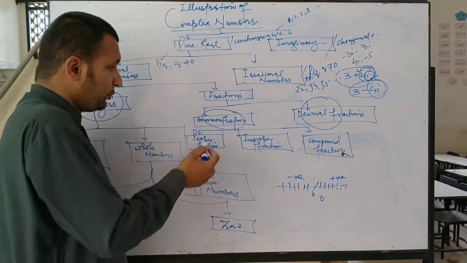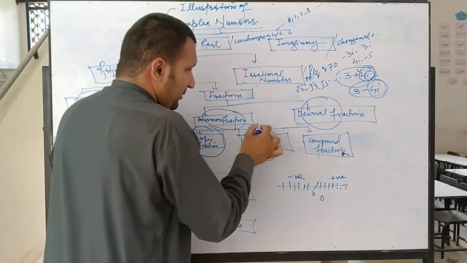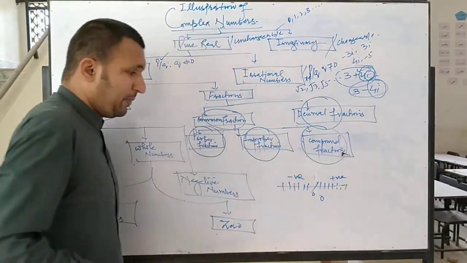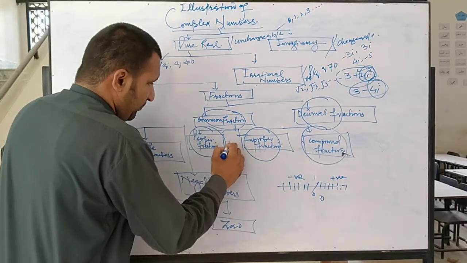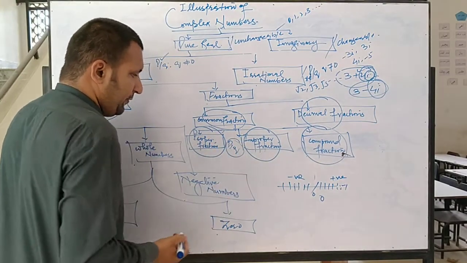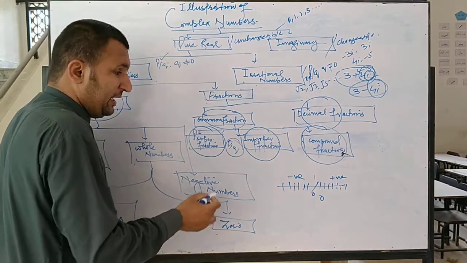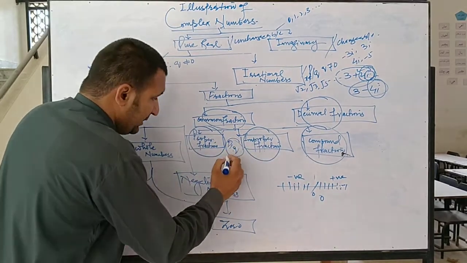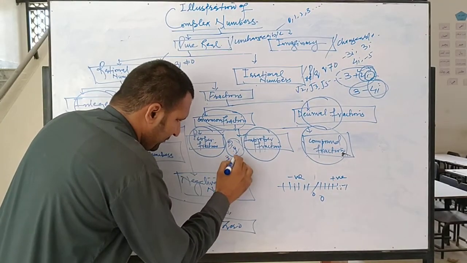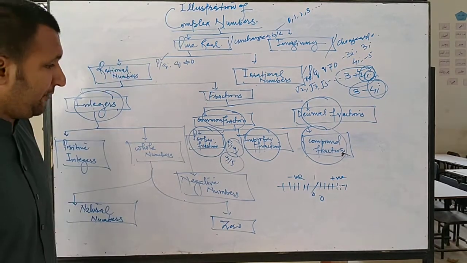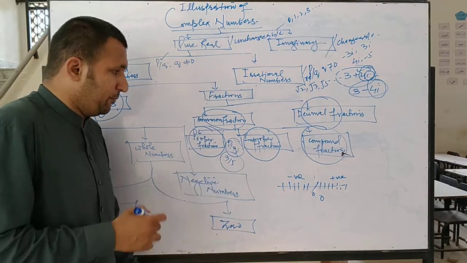Common fraction shows proper fraction, improper fraction and compound fraction. Proper fraction means such a value that in p upon q form, in the fraction, the numerator is less than the denominator. Let's suppose 3 upon 5, where 3 is less than 5. 3 shows the numerator and 5 shows the denominator.